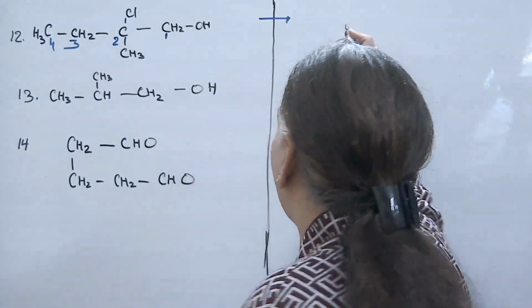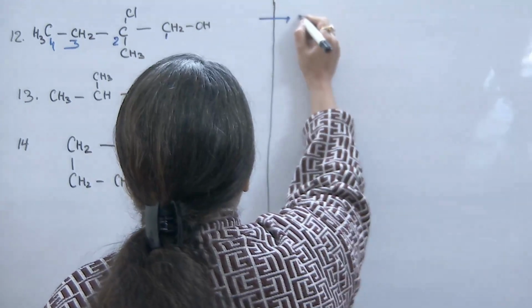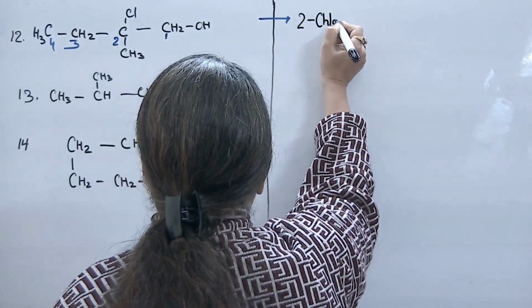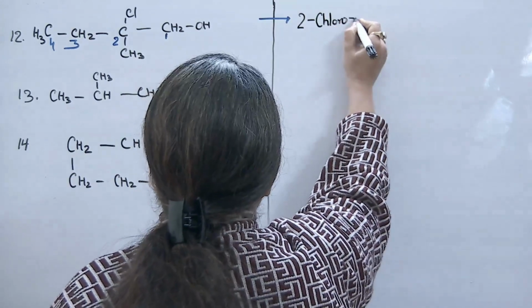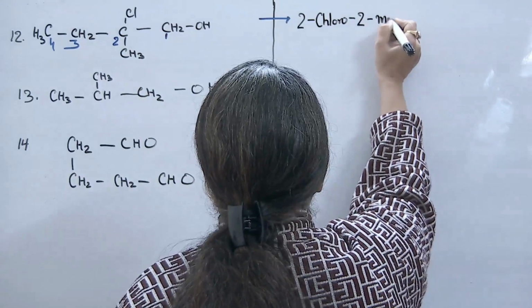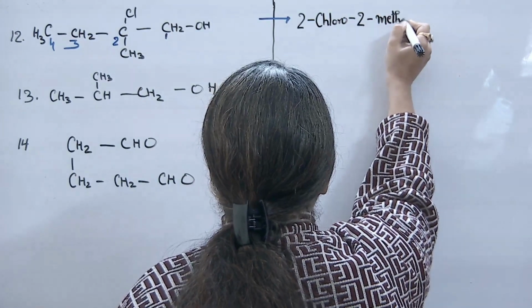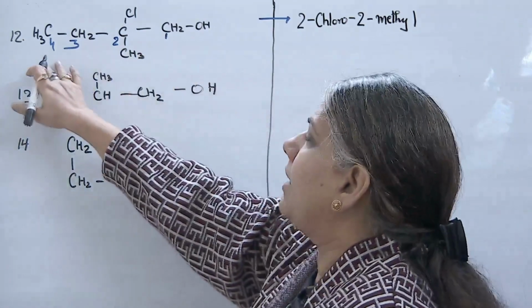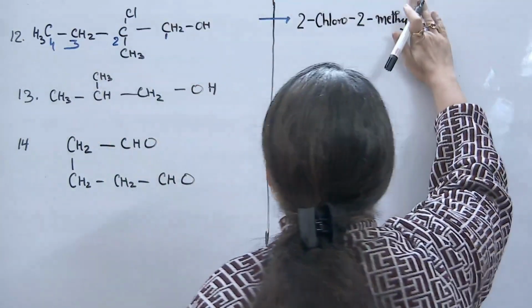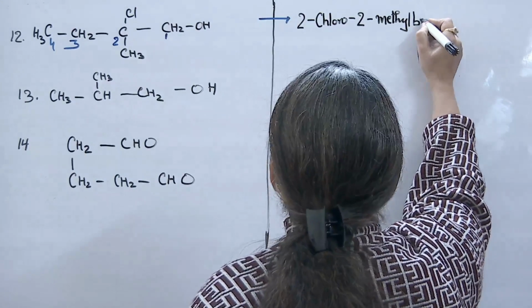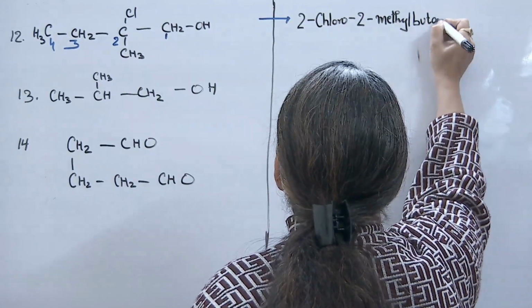So 2 chloro, so the name will be 2 dash chloro, put a dash, 2 methyl. Now the total, there are 4 carbon in the chain, so the root word will be butane.